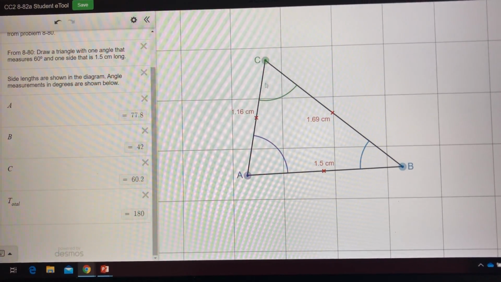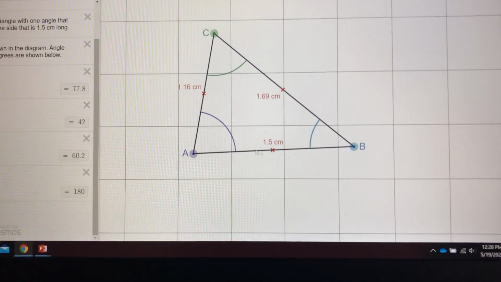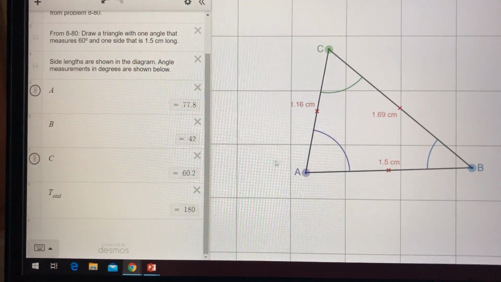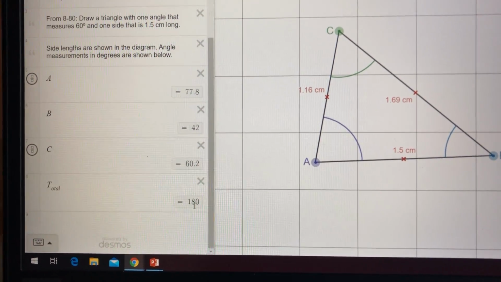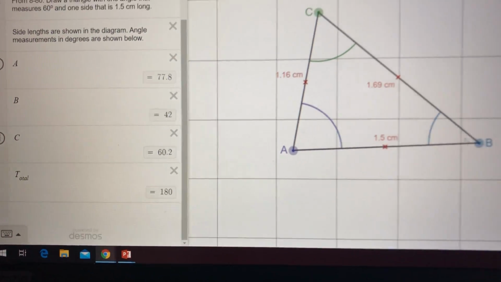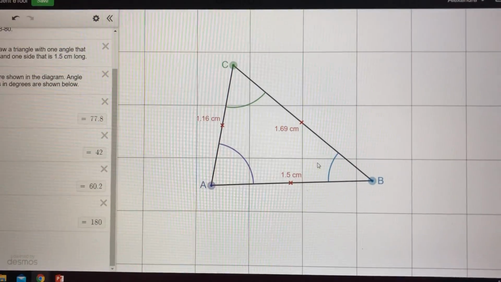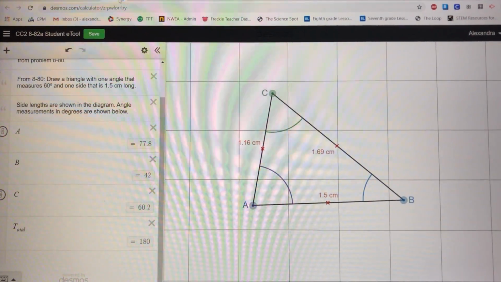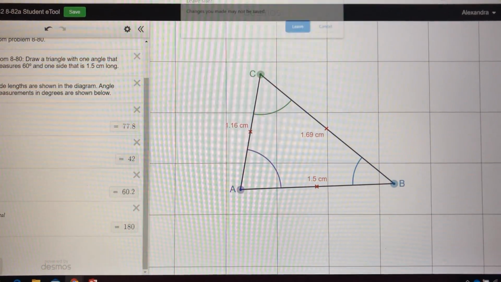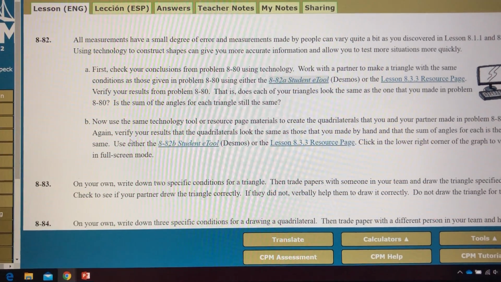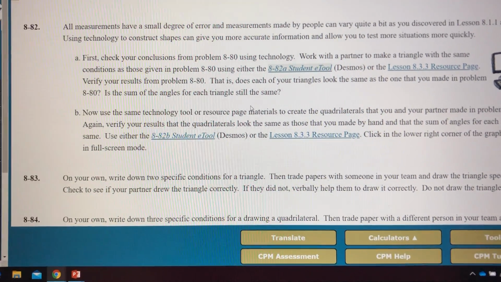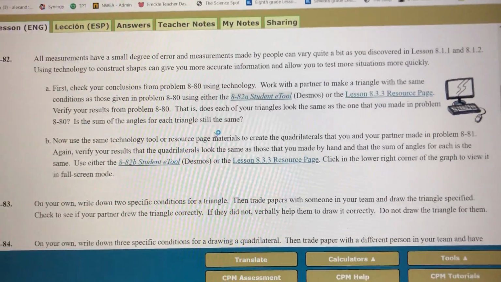So C is about 60 degrees, and we do have a 1.5 centimeter length right here, but still all the angles add up to 180. So we're proving that the sum of the triangle's angles is 180. So that's the first part of 882, part A. The sum of the angles for each triangle is still the same, yes.